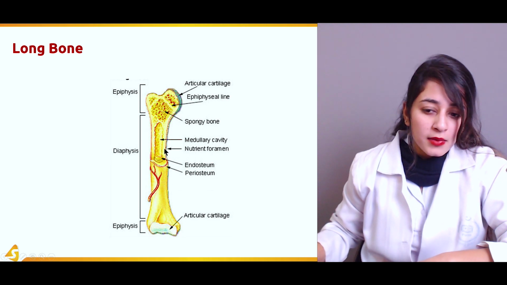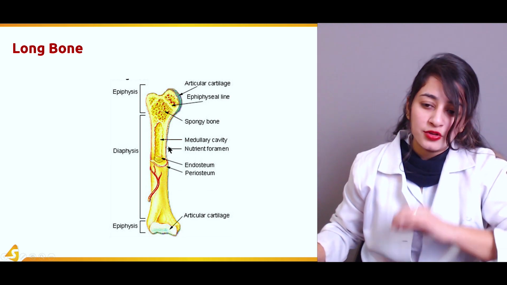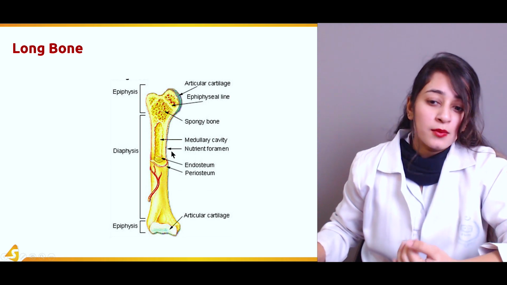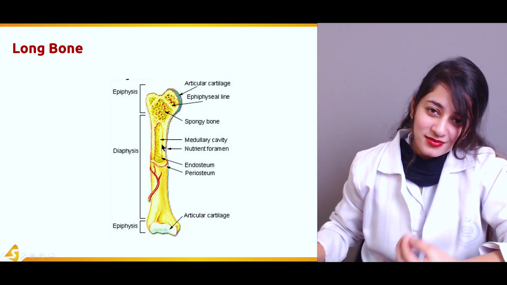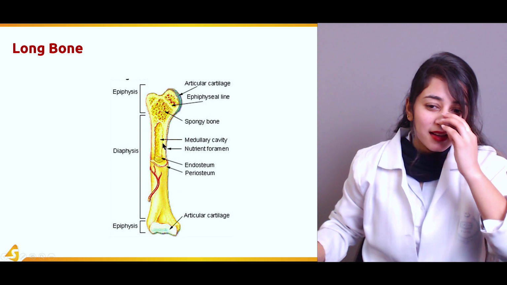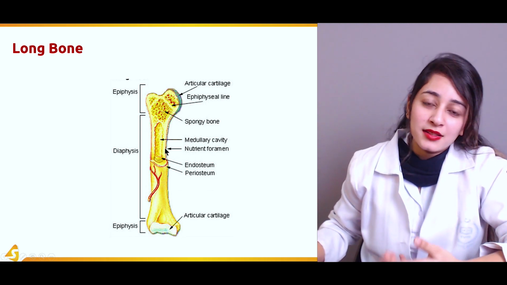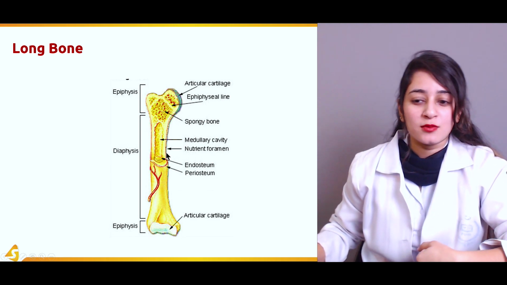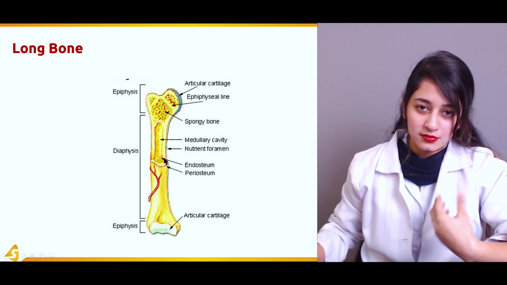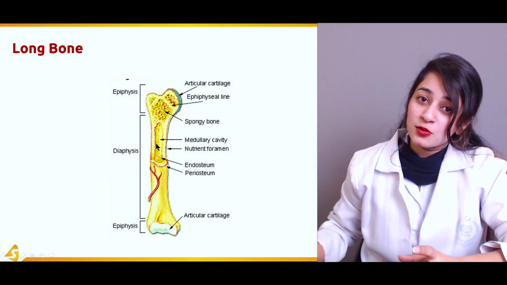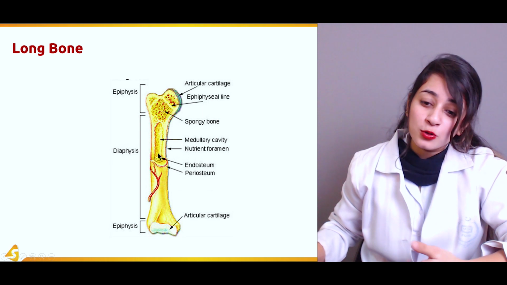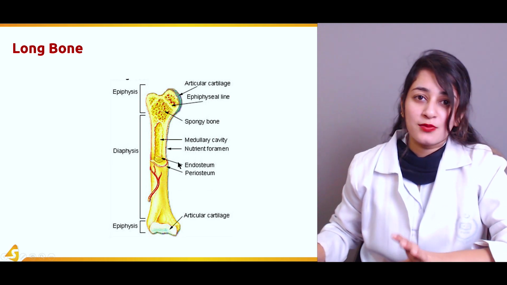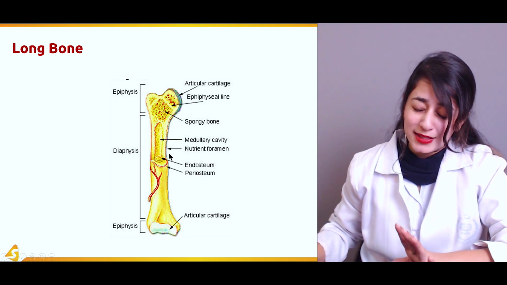There's a nutrient foramen on every bone that receives its nutrient supply, because bones also need to flourish. It's present in the human body, so it needs something to eat, because it has to perform a lot of functions. Red blood cells are also forming inside it, so nutrition is very important for the bone as well.